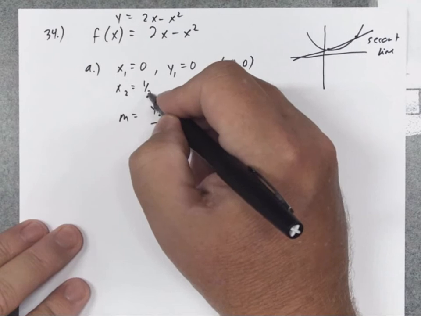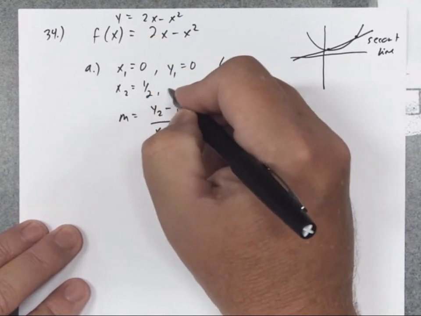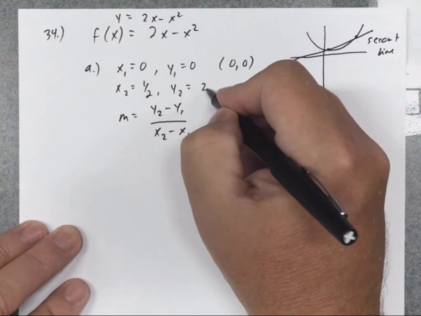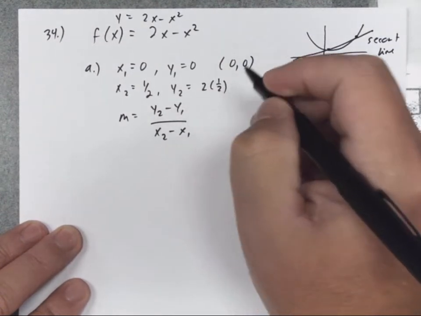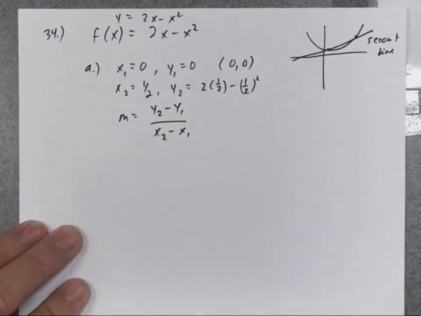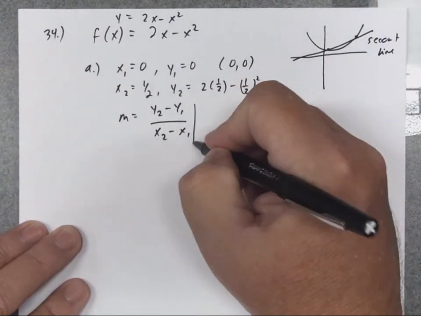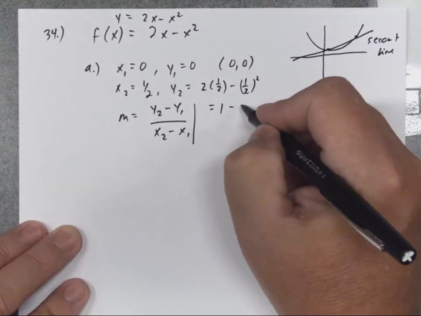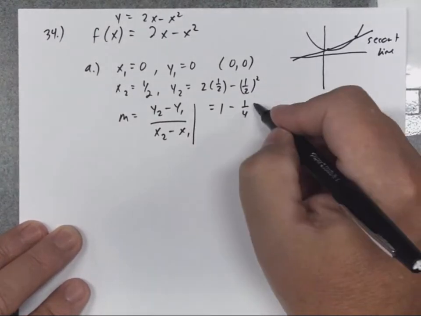What happens if I plug in 1/2 for x? What's y going to be? Well, here it's going to be 2 times 1/2 minus 1/2 squared. 2 times 1/2 is just 1. 1/2 squared is 1/4.